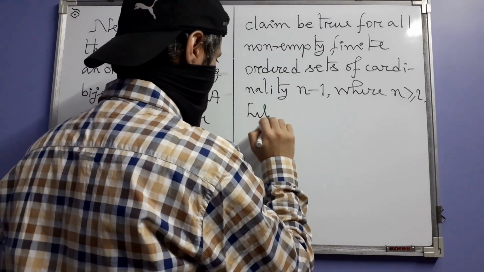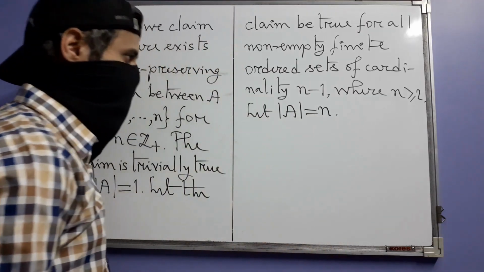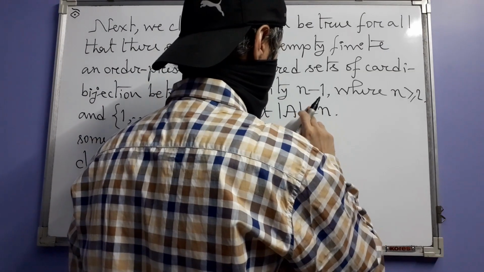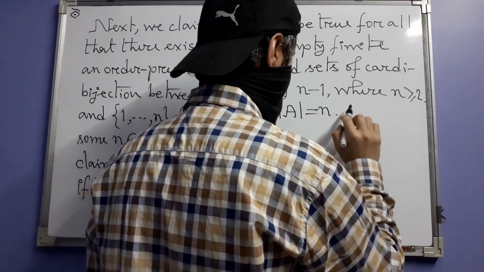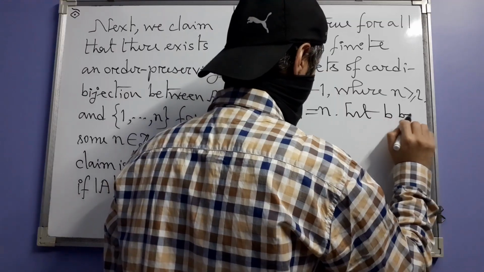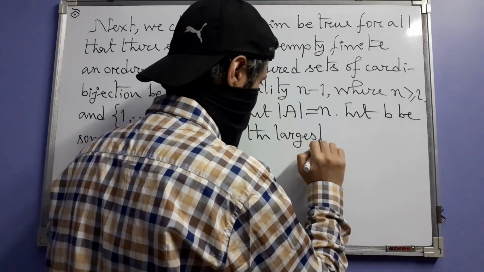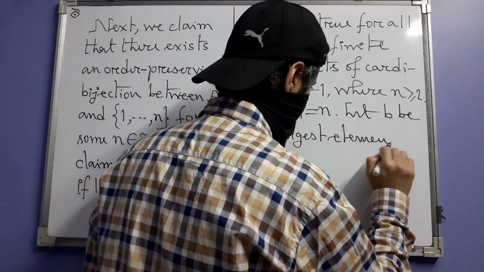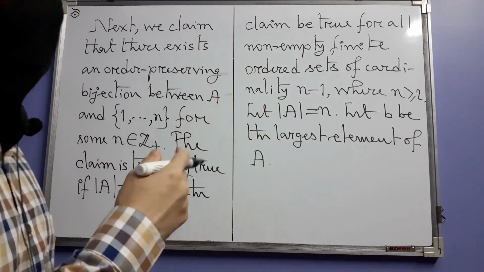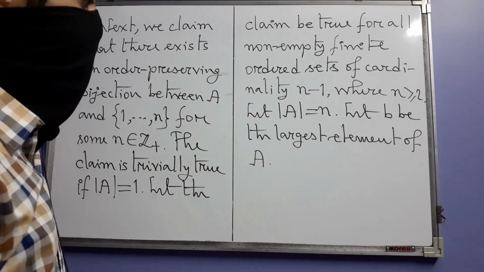Let A have n elements, that is, let A have cardinality n. Let B be the largest element of A, which now we know exists because we proved that in the first half of our proof.